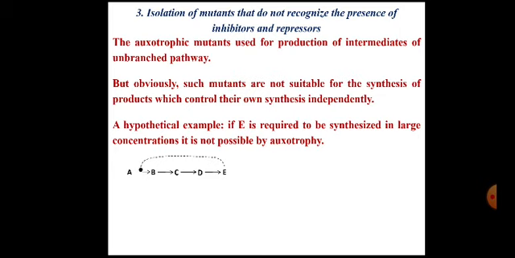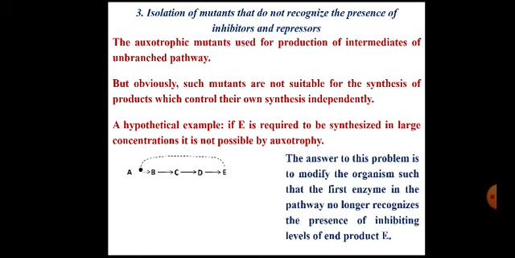In this case, auxotrophy is the possible solution for the overproduction of intermediates like C and D. Whereas if you think about overproduction of E by auxotrophic modification, there is no possibility of auxotrophic modification for the overproduction of E.